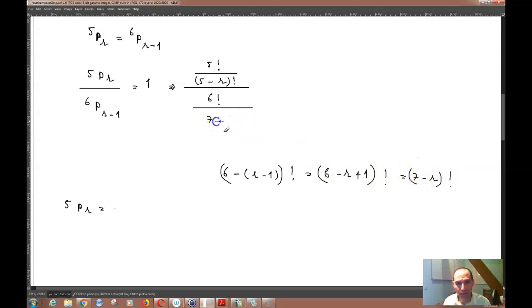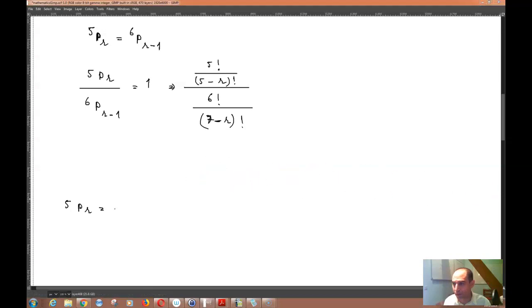So this is 7 minus r factorial. And that is equal to 1.